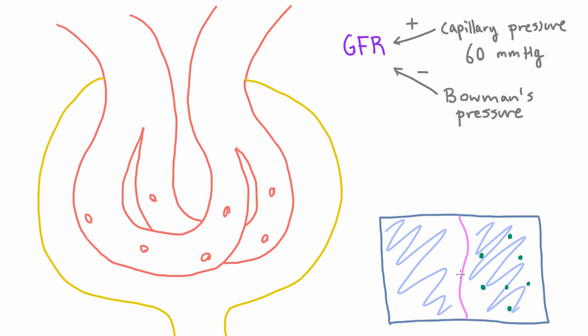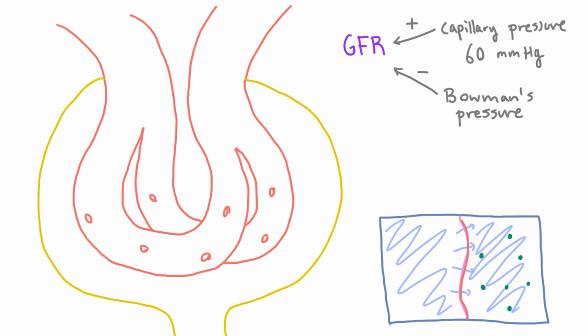So if that's the situation, then what happens is water tends to get dragged to the side with more solutes. And you can think of that almost as a kind of pressure that pulls the water over to the side with solutes. So we can actually think of the capillary wall as this kind of membrane, because the capillary wall is permeable to water, but the capillary wall is not permeable to some solutes.